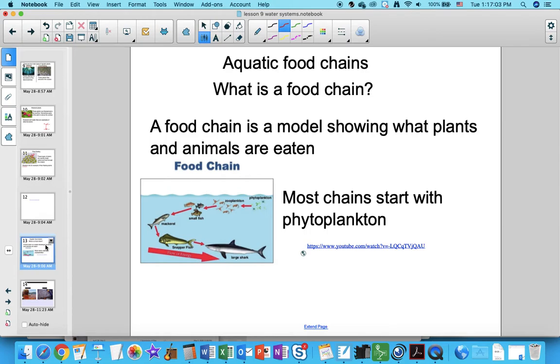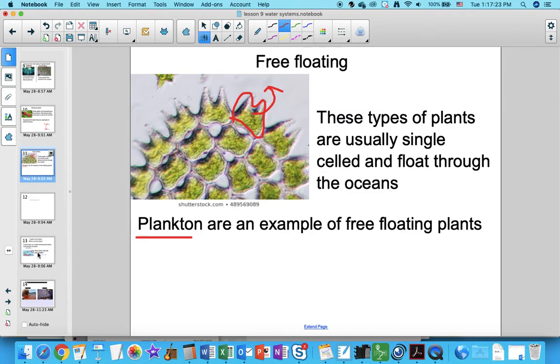Aquatic food chains. Well, what is a food chain? A food chain is a model that shows what plants and animals are eaten or being eaten. Most chains, at least with aquatic systems, start with phytoplankton. Now, plankton that we talked about here can come in two forms.